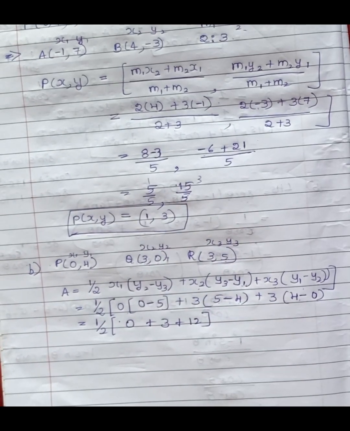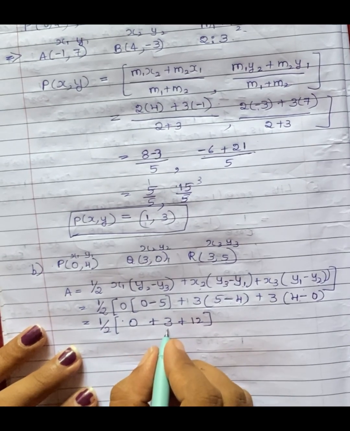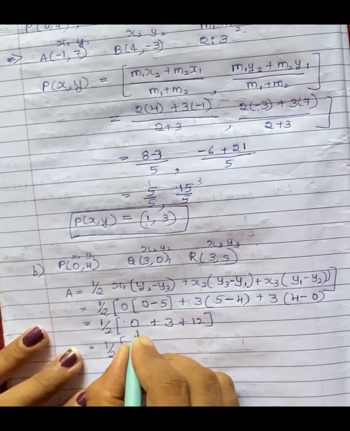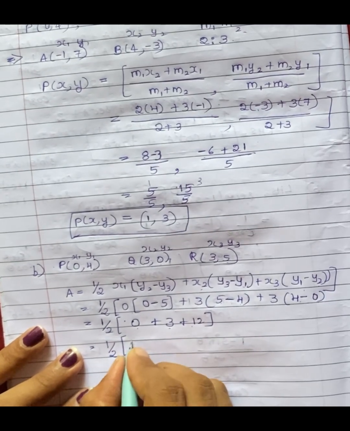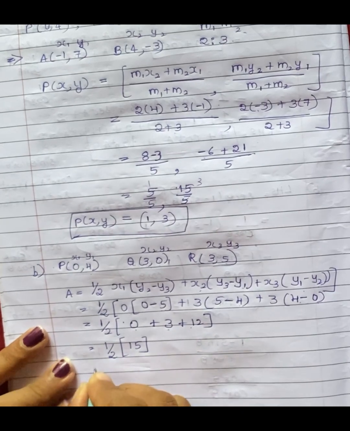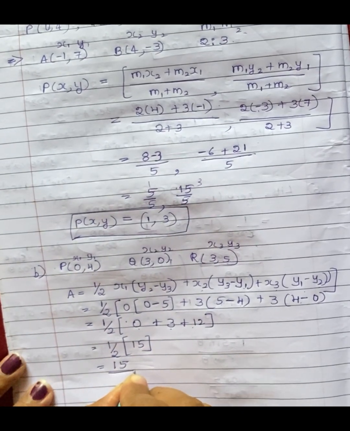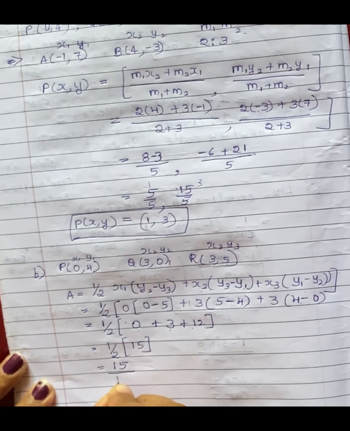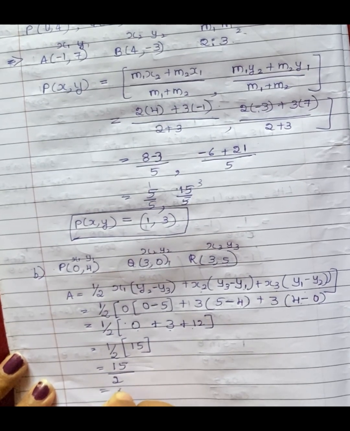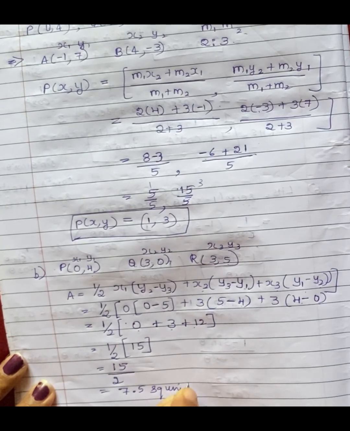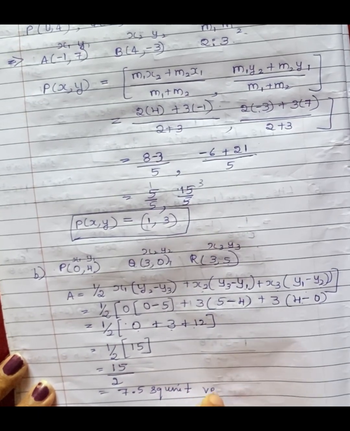So the next step will be 1 by 2 into 0, 3, 12, we have it. 1 by 2, 0 plus 3 plus 12 is nothing but 15. So we have 15 divided by 2, that is 7.5 square units.